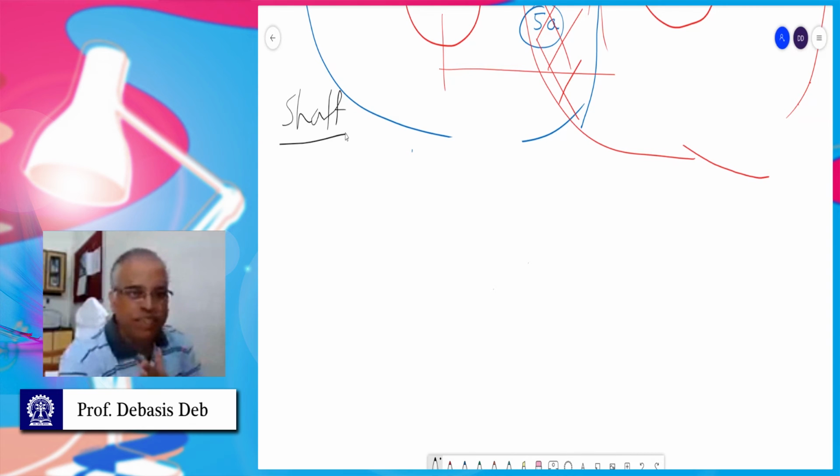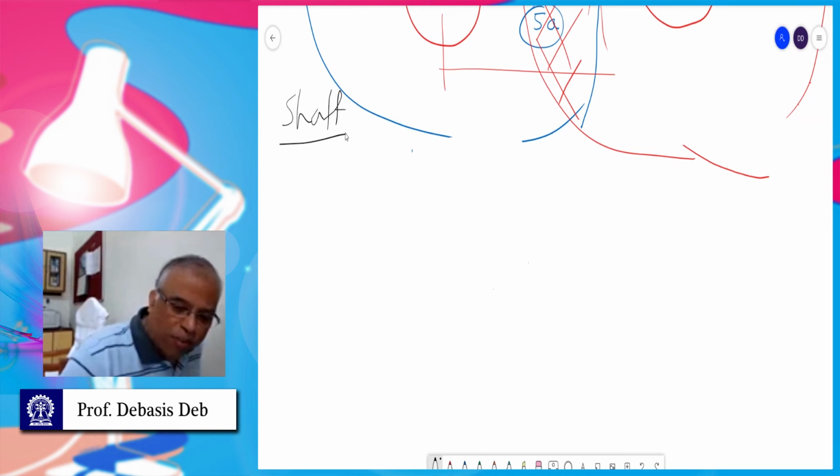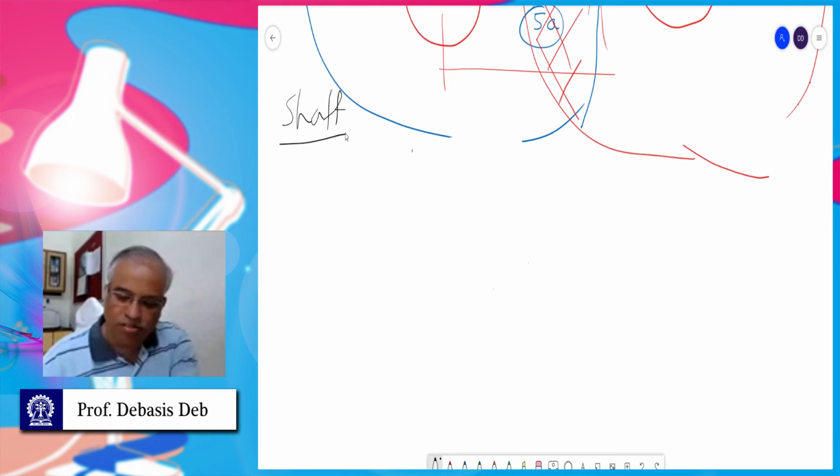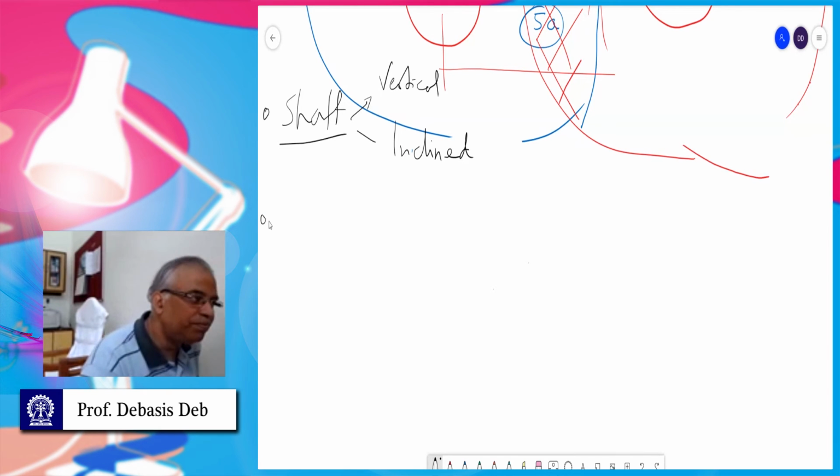A shaft can be inclined also, inclined at 60 degrees or 70 degrees. You know how many ways you can go underground? The shaft is one, and this has two parts. One is vertical, one is inclined. Any other way you can go underground?